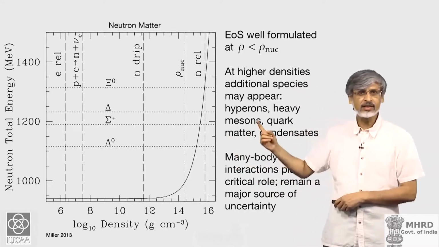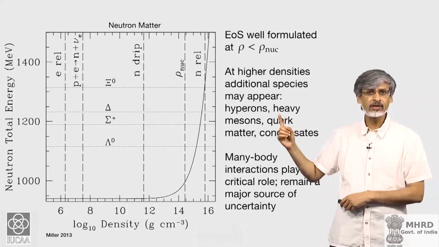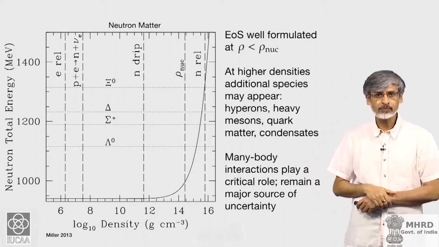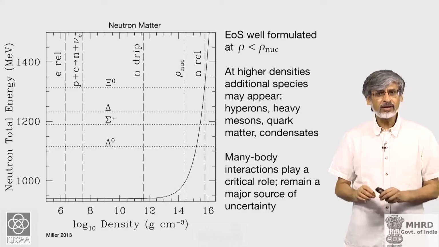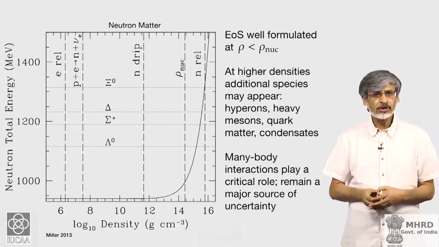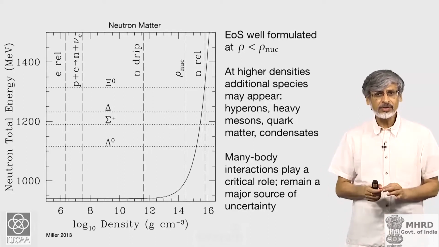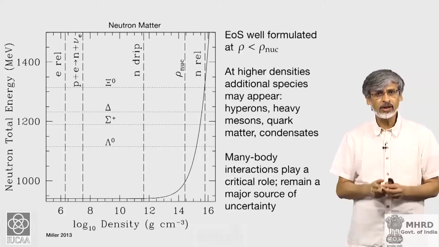So, at higher densities, additional species may appear, and these include hyperons, heavy mesons, quark matter, condensates, and so on. Furthermore, even when discussing the forces between nuclei, we cannot restrict ourselves to just two body forces between two nuclei and so on.